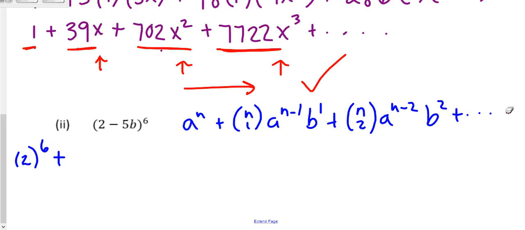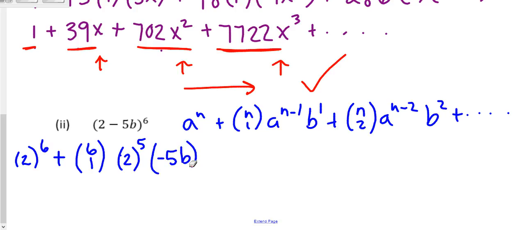So we have 2 to the 6 plus, now we have n choose 1, n is 6, choose 1, a is 2, 6 minus 1 is 5, b is negative 5b this time. So be careful to bring that sign down because that sign will change your answer.